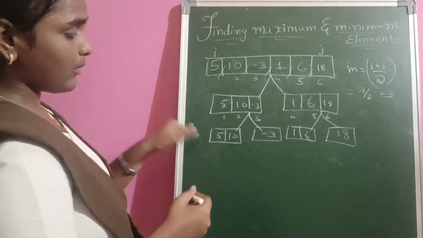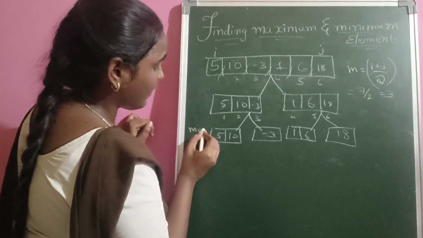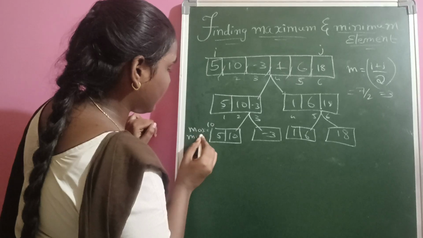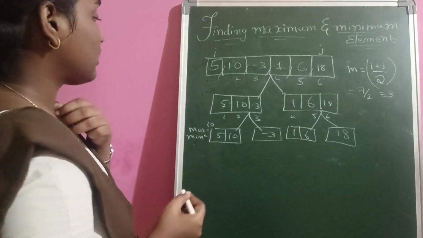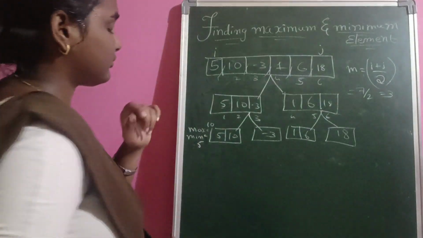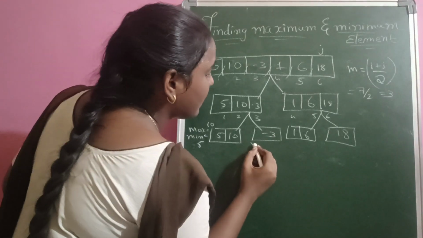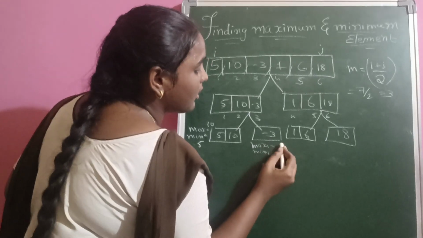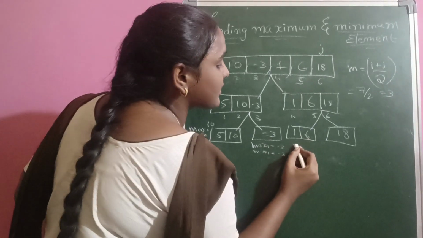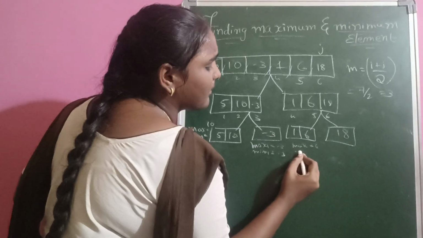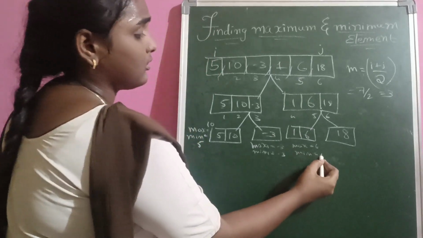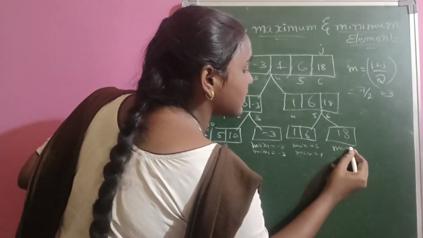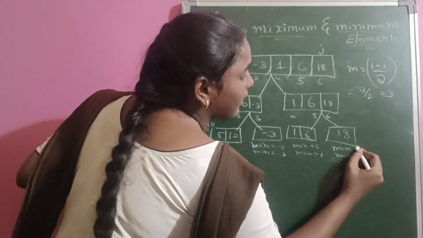So here the maximum element is 10 and the minimum element is 5. Here the maximum and minimum element is minus 3. Here max is equal to 6 and min is equal to 1. And here max and min is equal to 18.